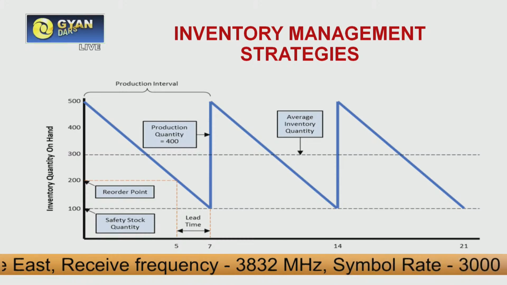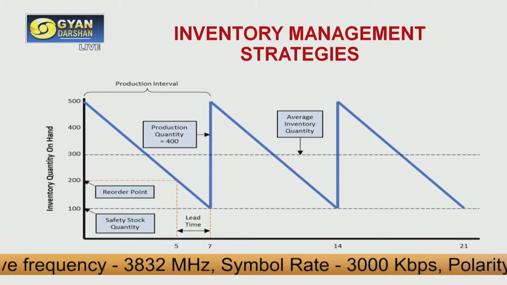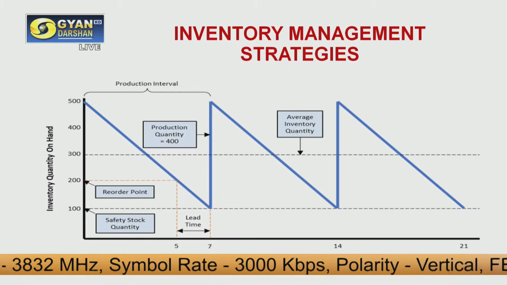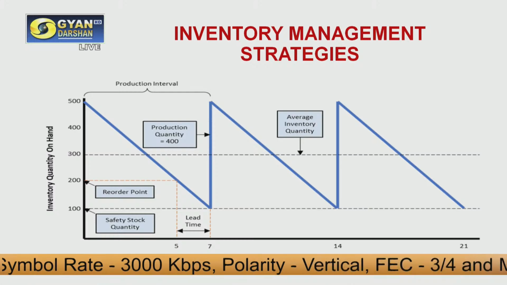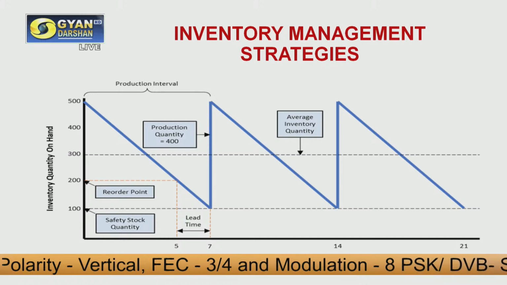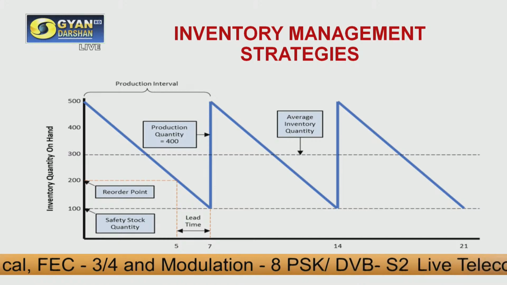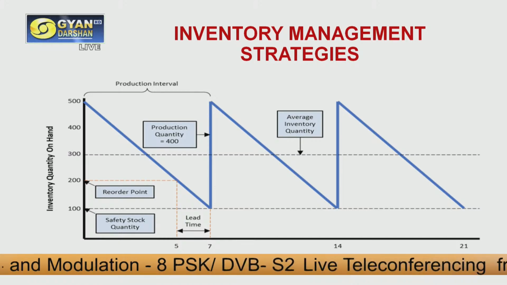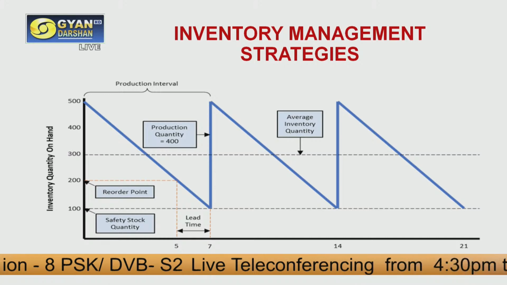Today our focus is on the reorder point. Reorder point is the point where the retailer has to order for replenishment of the inventory. The objective is that the inventory level should not fall below the safety stock.